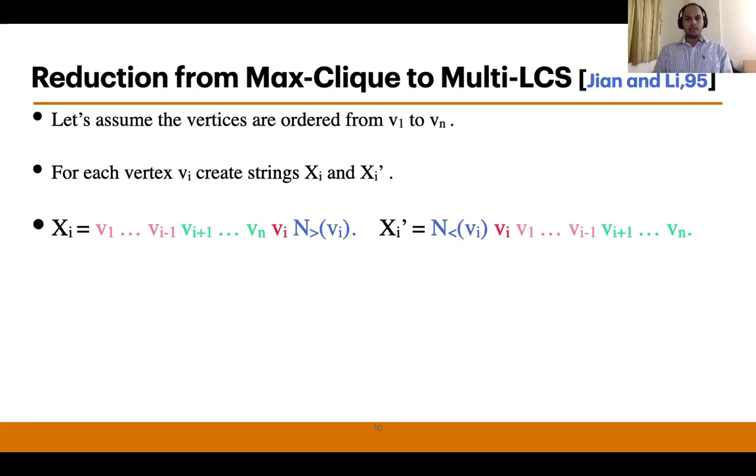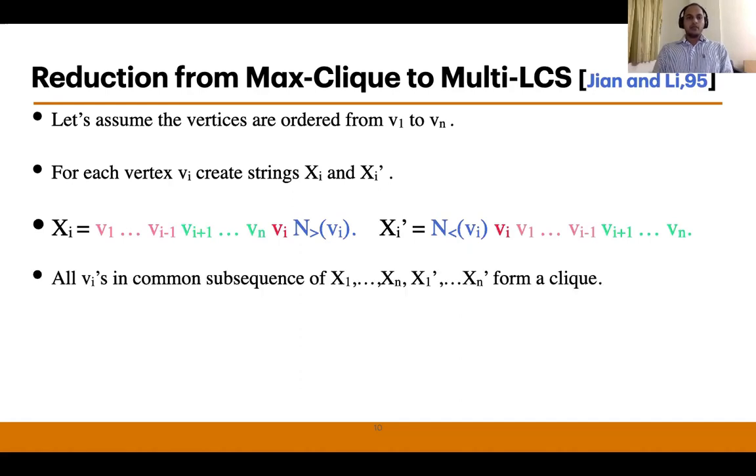In string xi prime, vertex Vi appears in between, and before vertex Vi, all the neighbors of Vi with index less than Vi come, and after vertex Vi, all the vertices except Vi appear in the order.